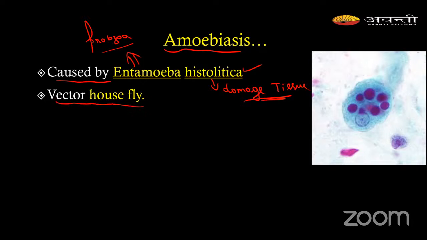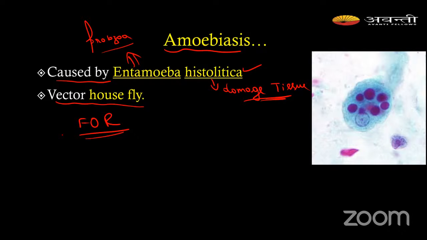For example, if any person has the amoebiasis disease, it enters through the feces. The amoebiasis is transferred through the fecal-oral route. If the person has amoebiasis, a fly sits on his feces, then sits on the fruits or vegetables.